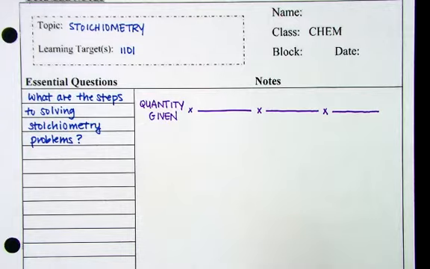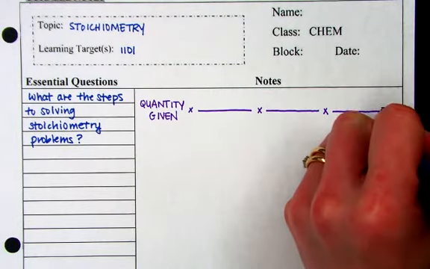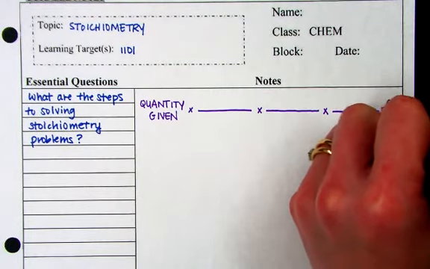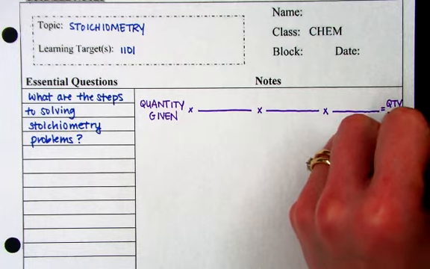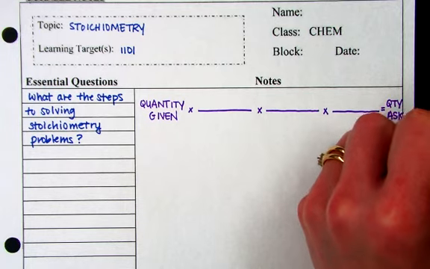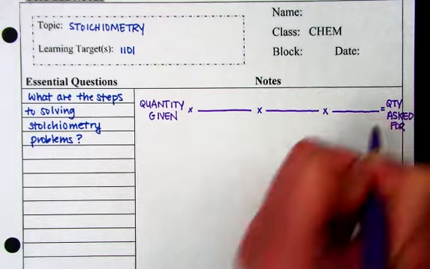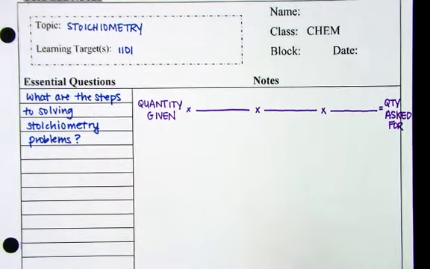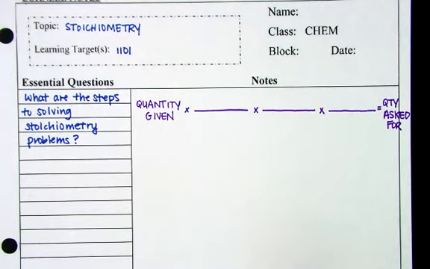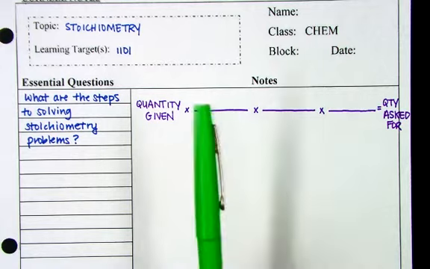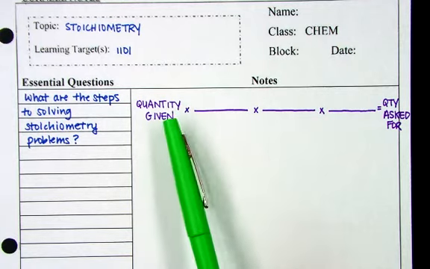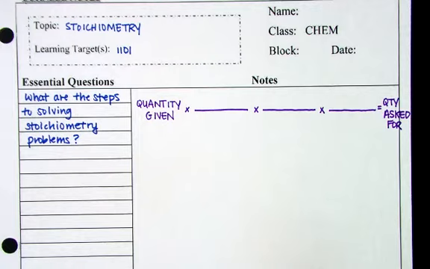Then we also always end up with quantity asked for. This is going to be mass to mass, okay?